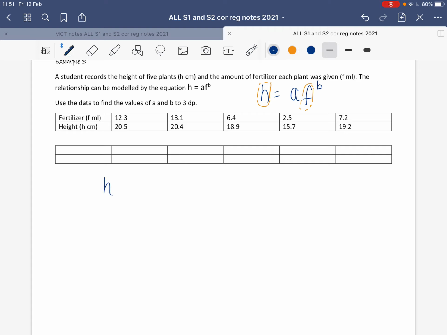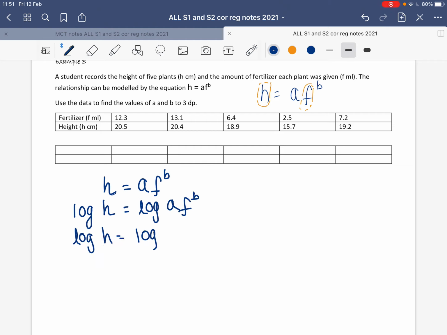Okay, let's start by taking the equation of the line. So h equals a f to the b. We're going to take logs. Log h equals log a f to the b. We're going to split log a plus, I'm just going to bring the power down as well because I'm too lazy to do it in 2 goes, b log f.